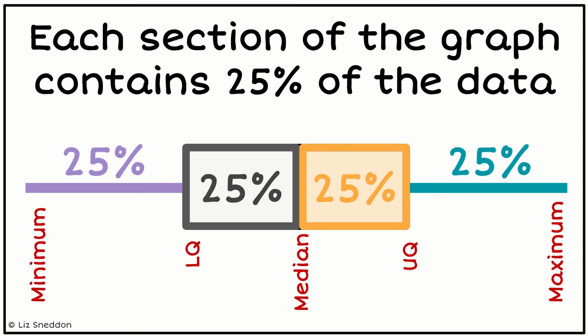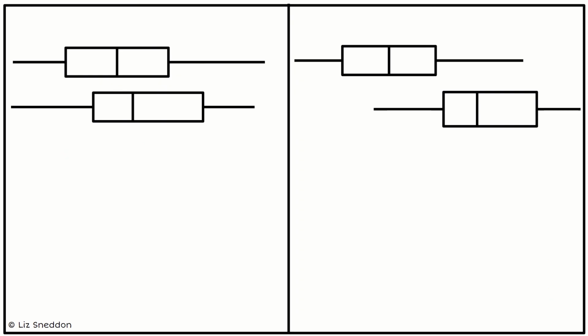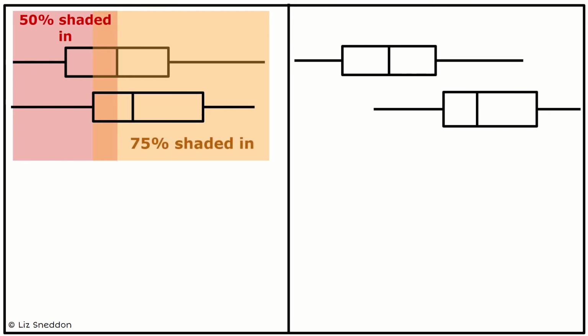So if we use this idea, we can form a rule called the 50-75% or half three-quarter rule. And the way it works is it says if I take one group and shade in 50%, so from the median down, shade in 50% of the top group. Now for the second group, from the top down, I'm going to shade in 75%.